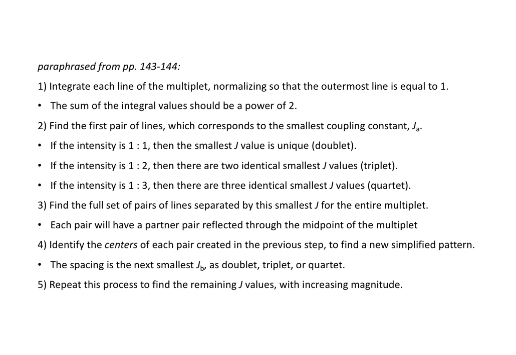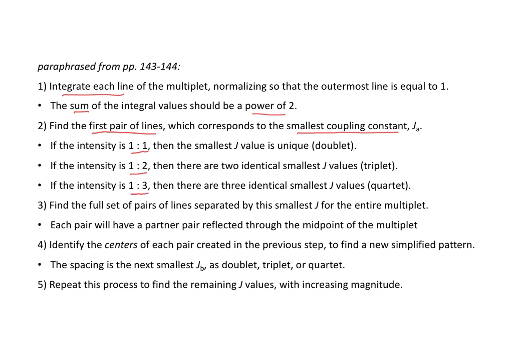The first task is to integrate each line of the multiplet, and I'll show you how you can check your work by the sum of these integrals being a power of 2. Then we find the first pair of lines, and this will correspond to the smallest coupling constant. We want to identify if the intensity is a doublet, a triplet, or a quartet.